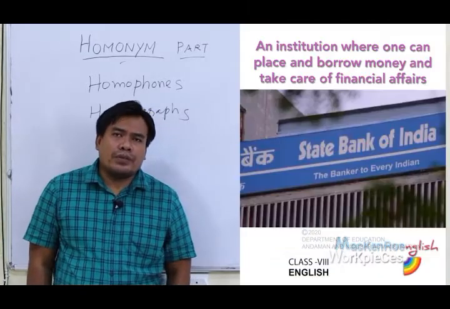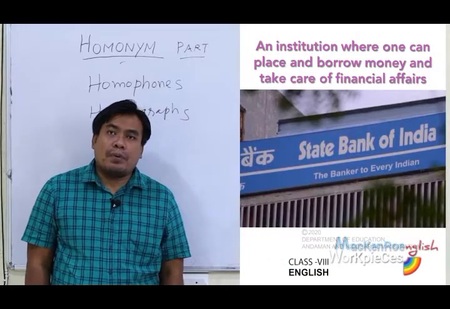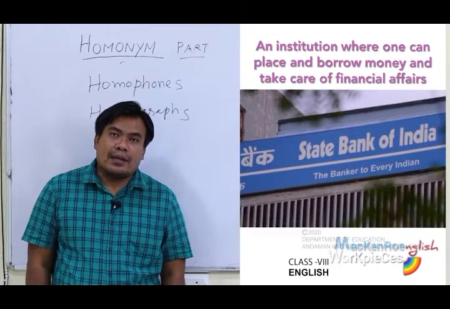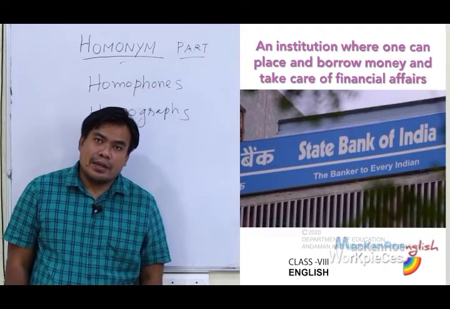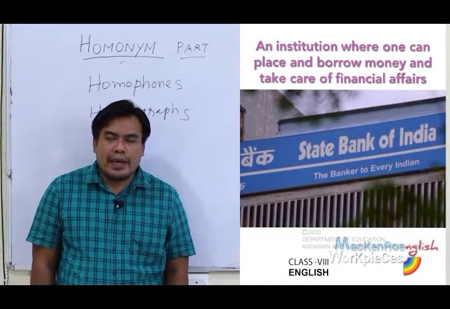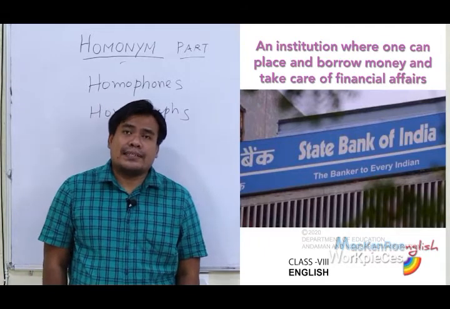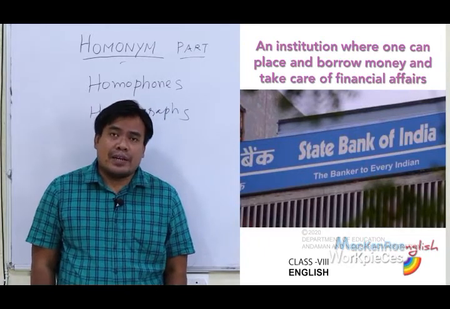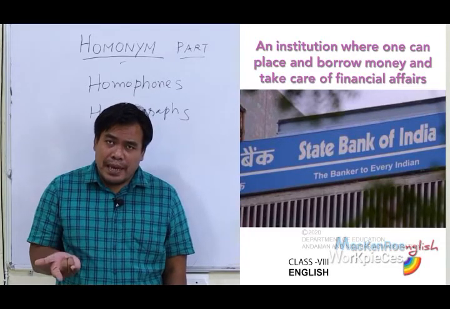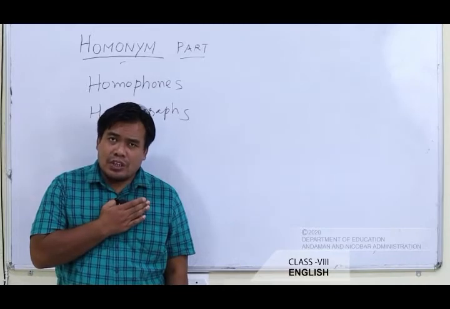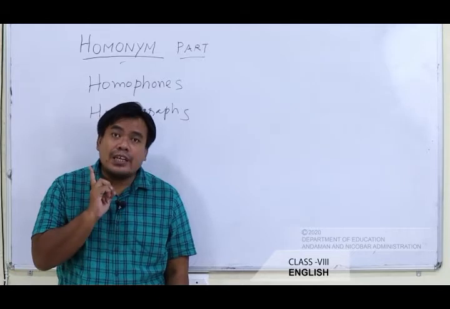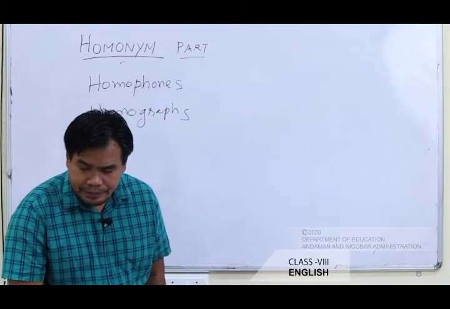It's an office, or you say an establishment, where you have to deposit or keep your money safely. Those are called banks. For example, SBI, Bank of Baroda, Axis Bank, Cooperative Bank, etc. These are the establishments or offices or buildings where you can deposit and keep your money safe. All right. So this bank and the edge of the rivers or lakes, those banks are actually homonyms. All right. Move on to the next one.